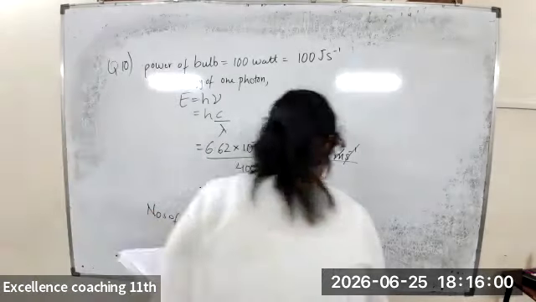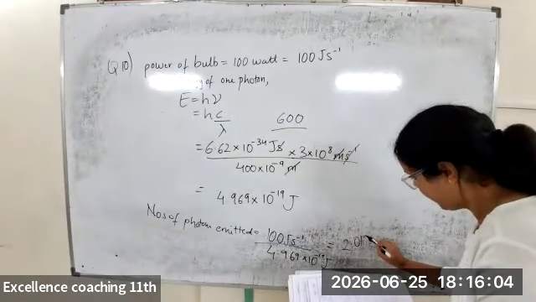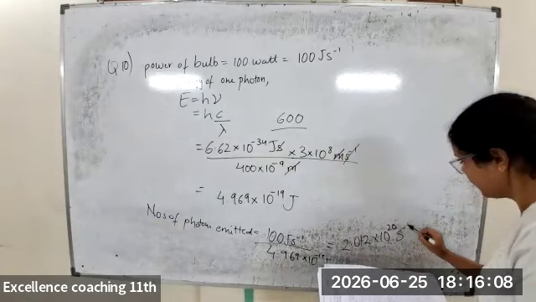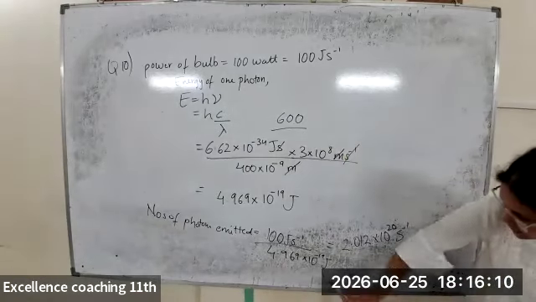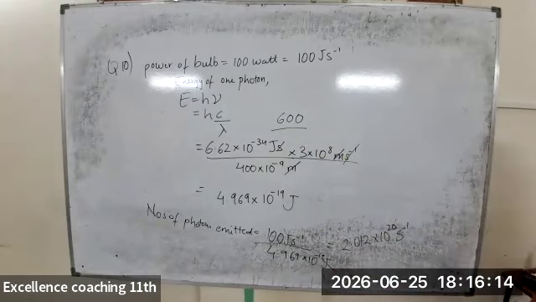You will get the answer as 2.012 into 10 raised to 20 second inverse. Why second inverse? Because this joule and this joule will get cancelled.